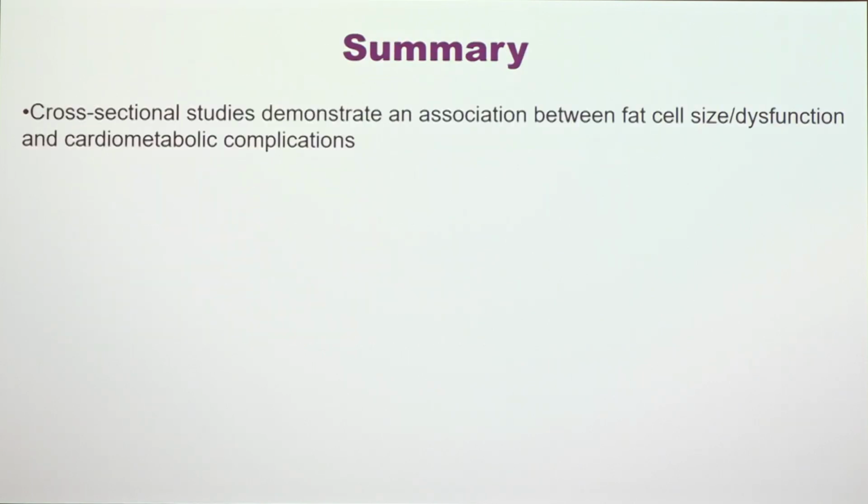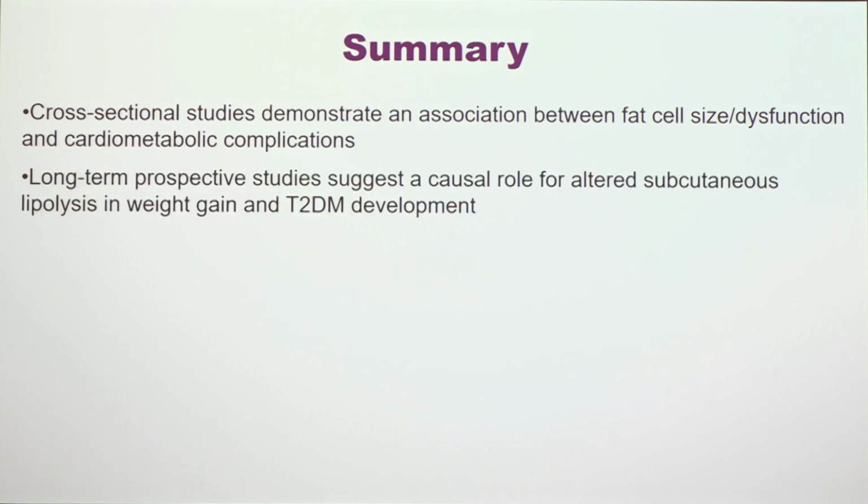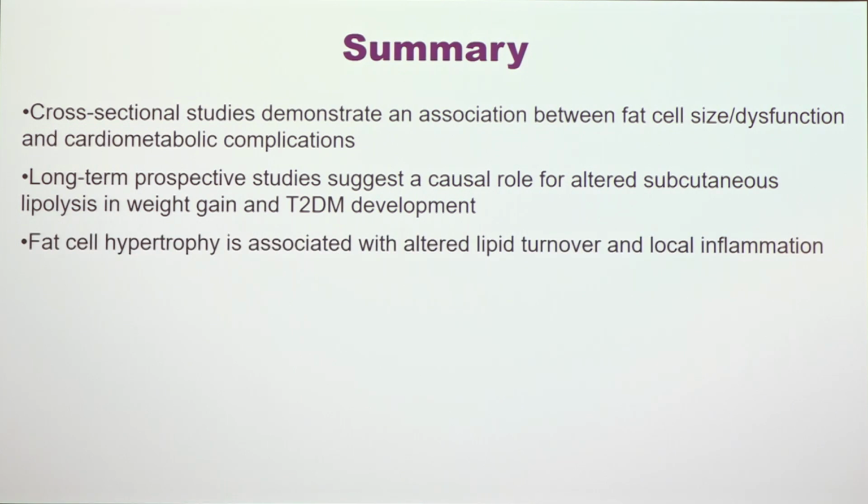So to summarize, what I've tried to say is that cross-sectional studies demonstrate an association between fat cell size, dysfunction, and cardiometabolic complications. Long-term prospective studies suggest a causal role for altered subcutaneous lipolysis and weight gain in type 2 diabetes development. Fat cell hypertrophy is associated with altered lipid turnover and local inflammation.